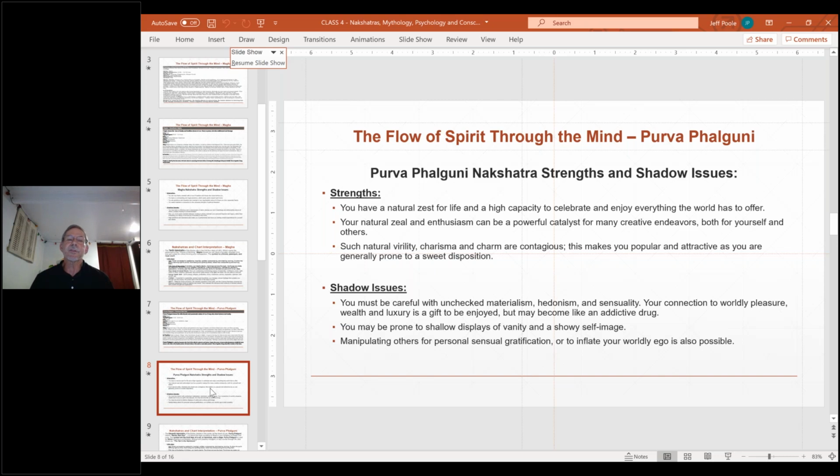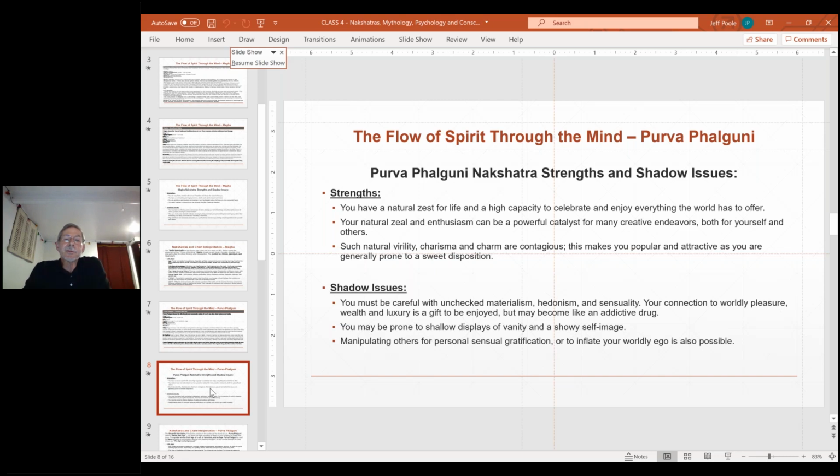And there's such a natural virility and charisma and charm. It becomes contagious as a strength here. So that makes somebody popular and attractive, as you're generally prone to have a sweet disposition. See, that Venus comes right out in the middle of that fiery sign and shows that there's some brightness to all of the love in the courtship that goes on here.